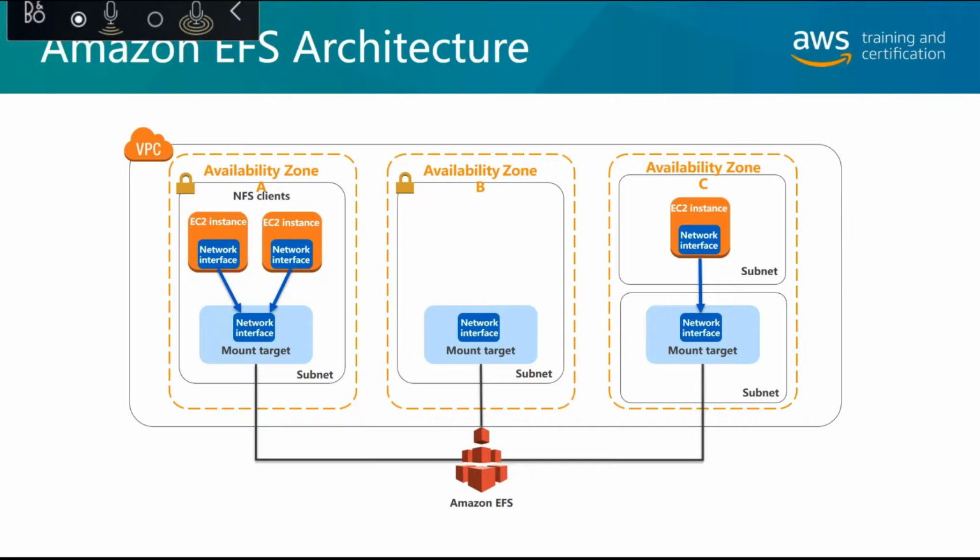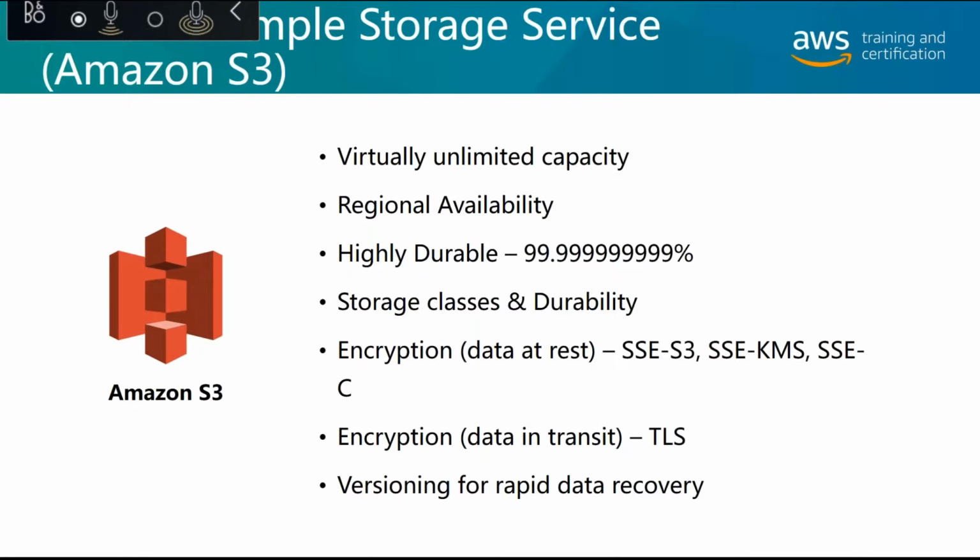So you have NFS clients and NFS server. So your EFS would be the server side, and then your EC2 would be the NFS clients. And they would connect to that EFS share. And you can see that the EC2s are sitting in different AZs. And now they can access and share the same file system that is located on the Amazon EFS share.